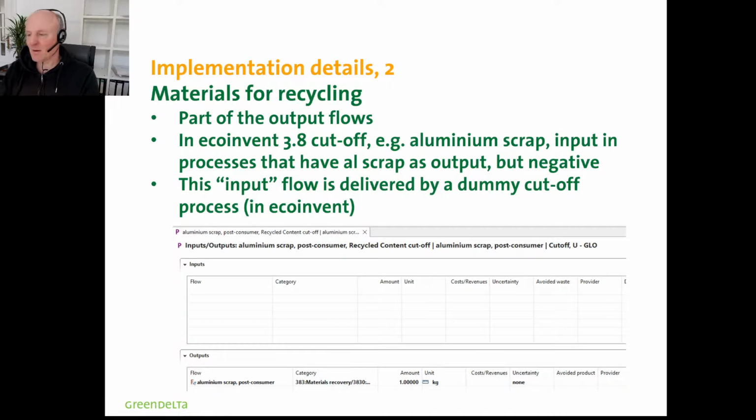That shows that this is not contributing to any input and is cut off, not leading to credits or burdens from a previous or past life cycle. This aluminum scrap for us is material for recycling that is output, because it's in the end output of, for example, this hotel.